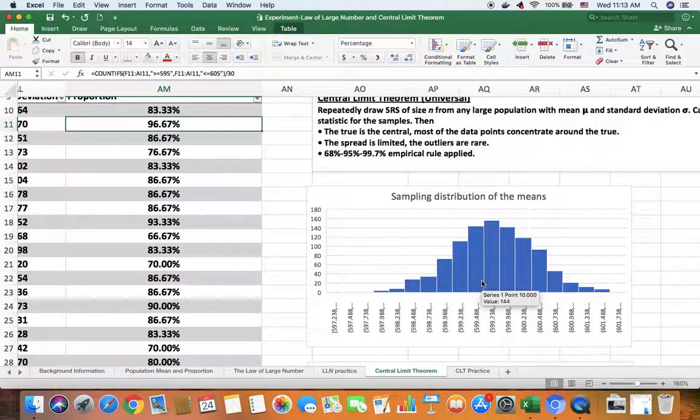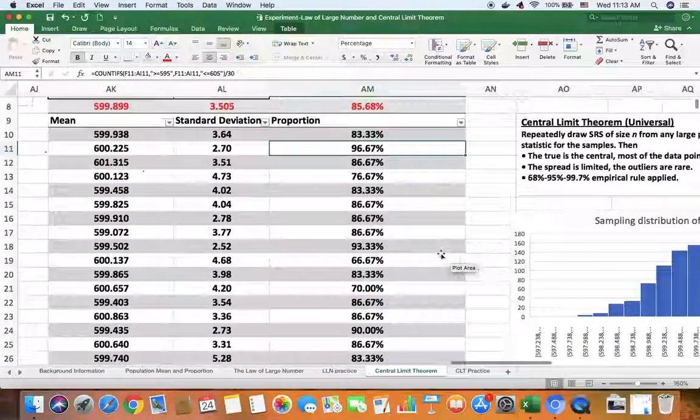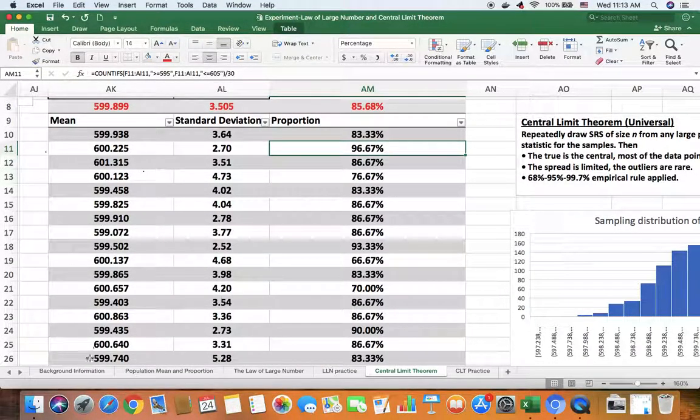And we want to figure out what is the mean and what is the standard deviation of this graph, because this bell-shaped graph comes from this column of data.